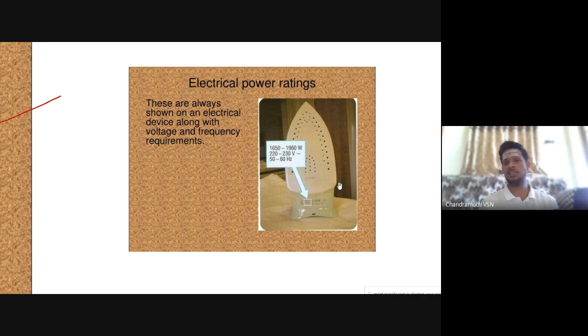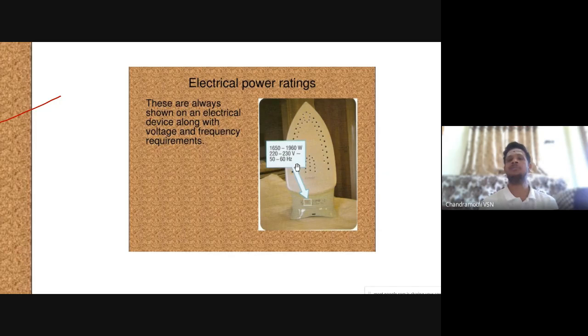What is this in the picture? May I know what is this electric device? Iron. Electric iron, you can also call press.